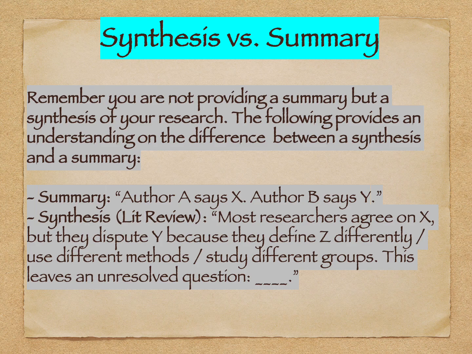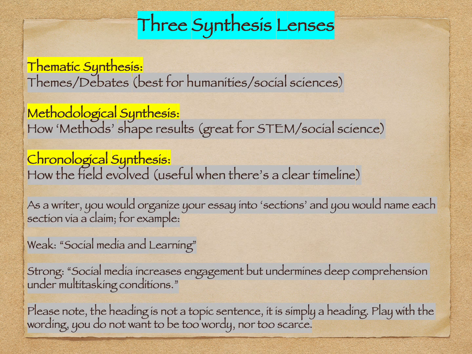Okay. All right. So again, we previously talked about synthesizing the literature. Step one, you're synthesizing the literature. There's three different ways in which to frame them. And I am repeating myself a little bit, but I think it's important. Repetition, I think, helps you absorb it a little bit clearer and better.